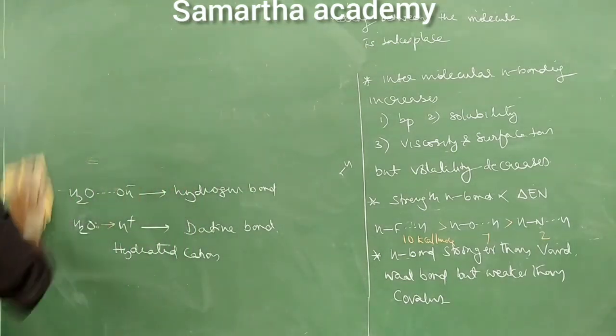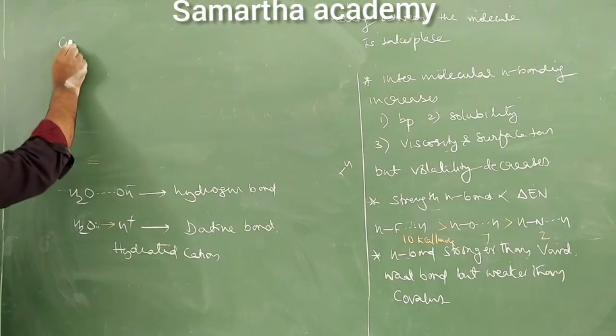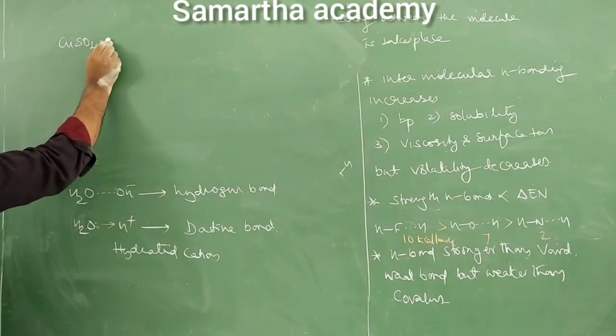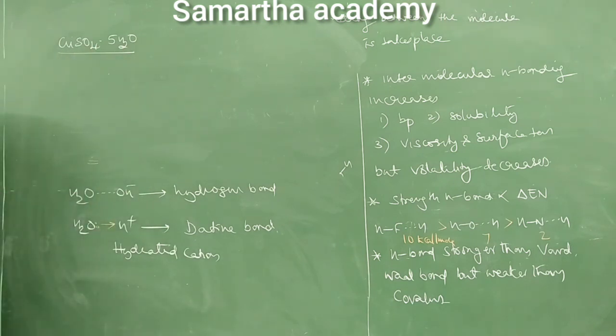Next, in hydrated salt, important, in hydrated salt there is a possibility of hydrogen bond, even there is a possibility of coordinate covalent bond also, right? For example, let us take copper sulfate 5H2O. One important question, copper sulfate 5H2O, it's blue in color, no, we know it.